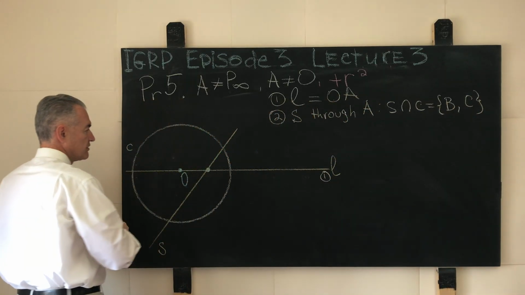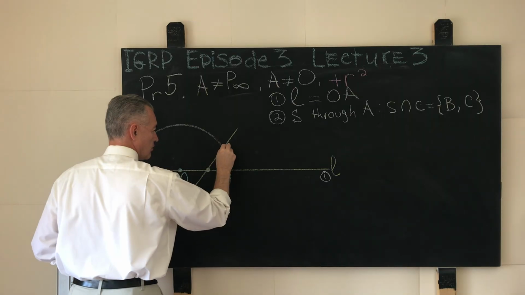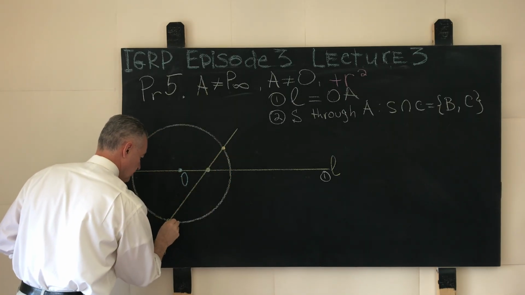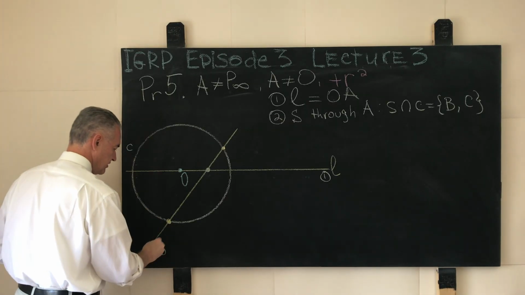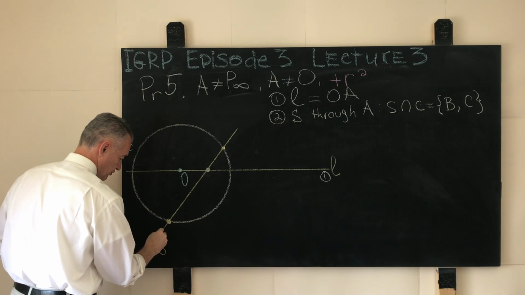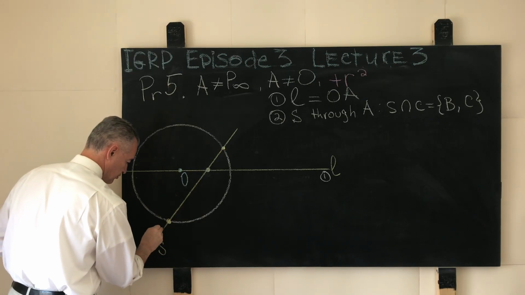So here we have it, one point and another point. Again, our terminology is that it's a secant. The straight line is a secant. So we will mark it carefully with number 2 here.